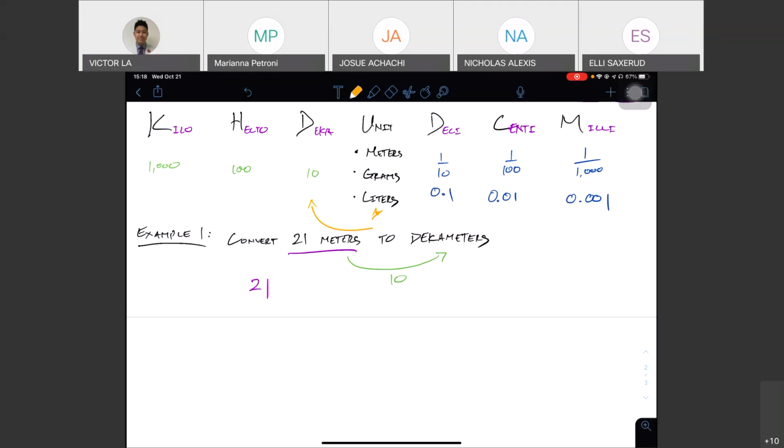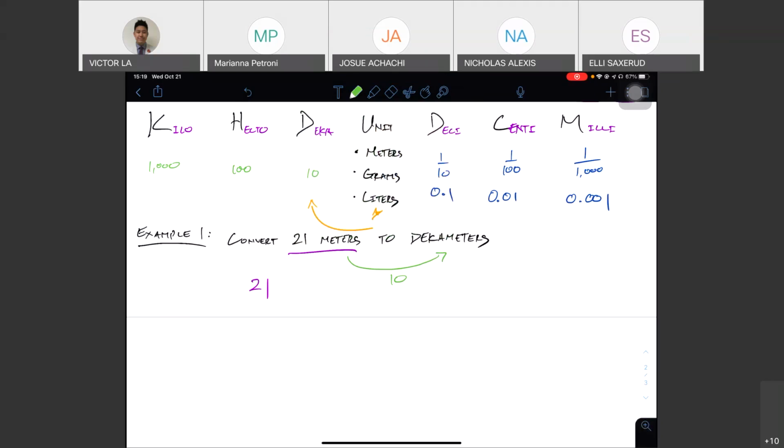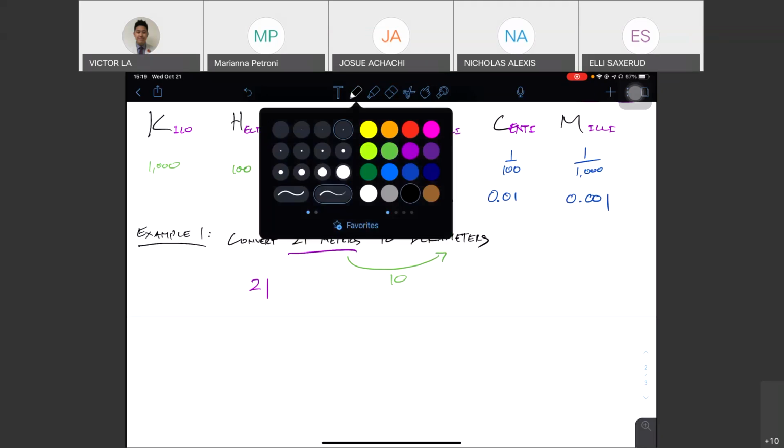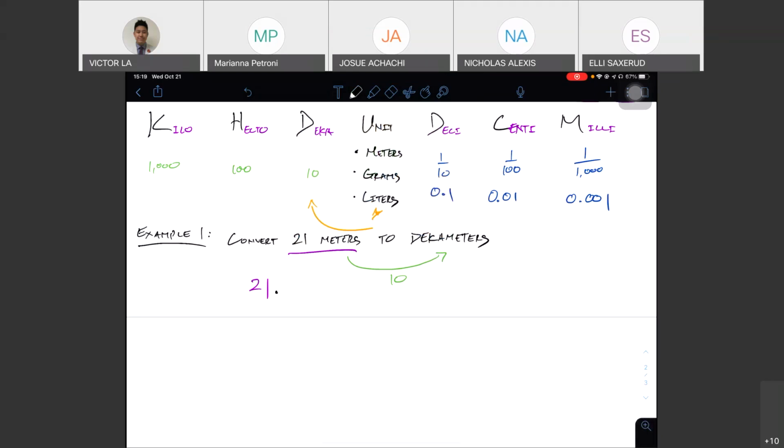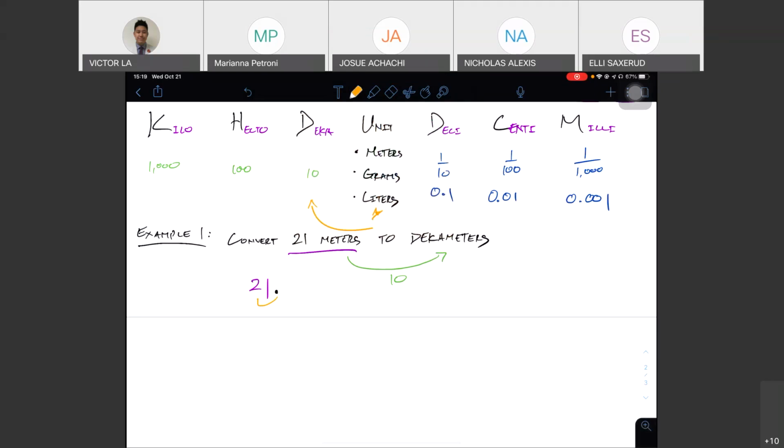So if you're at 21 meters and you have to go to decameters, you use the invisible decimal point that's right here and you move to the left one, just like that. So 21 meters, I misspoke, is equivalent or equal to 2.1 decameters.